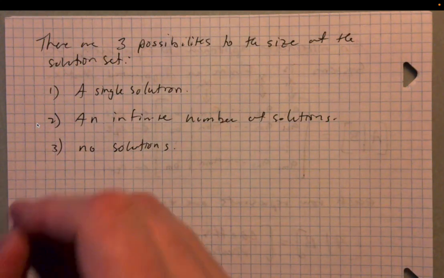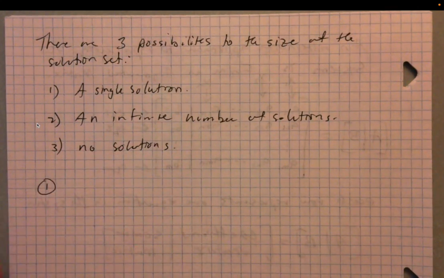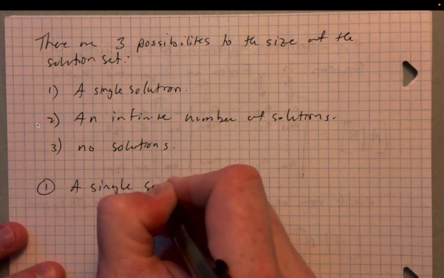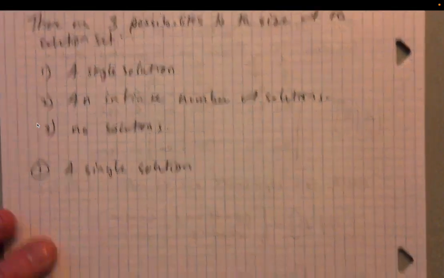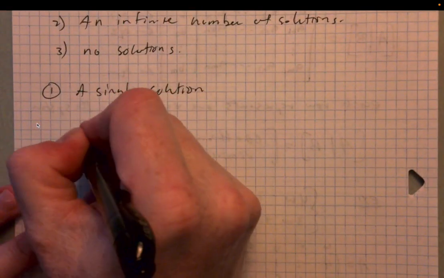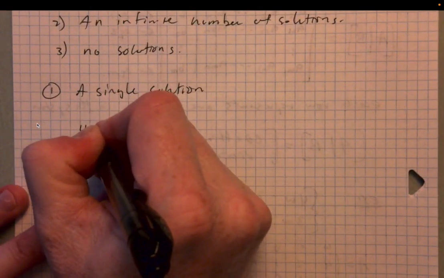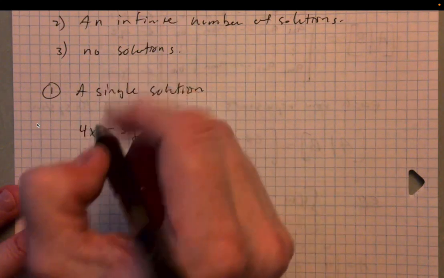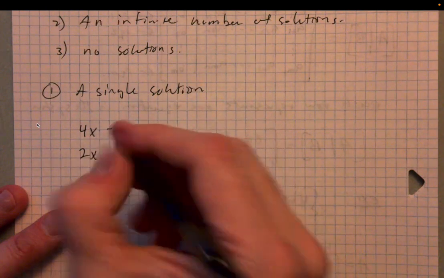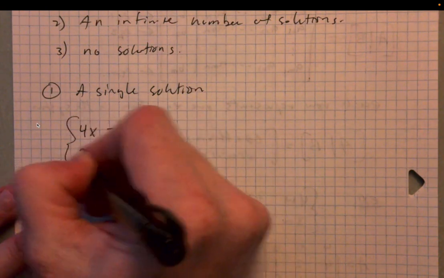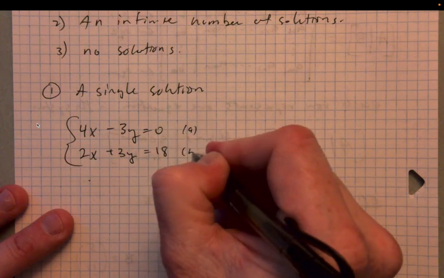Okay, and so let's take a look at the example where you have a single solution. A system that has a single solution would be like 4x minus 3y equals 0, and 2x plus 3y equals 18, right? And so we'll just call this equation A and equation B.